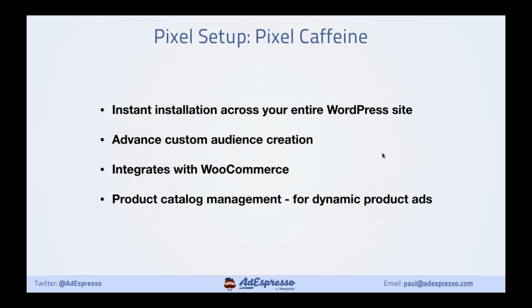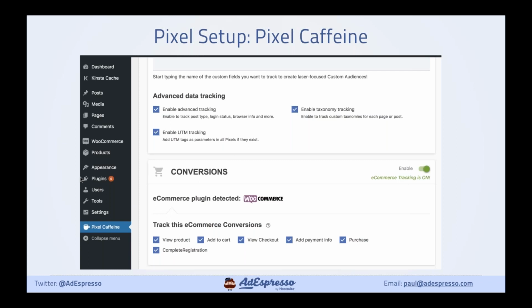We've got some advanced custom audiences that you can create in there. It's a very neat way of creating those audiences for remarketing. It integrates with WooCommerce, and in fact, it goes a bit further with WooCommerce in that you can actually integrate your product catalog, which means that you can run those DPA or dynamic product ads there. Let's have a little peek of that. This is your admin panel in WordPress.